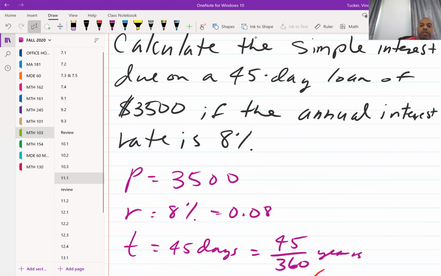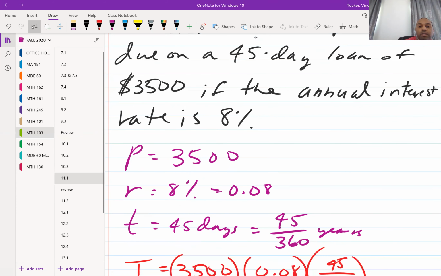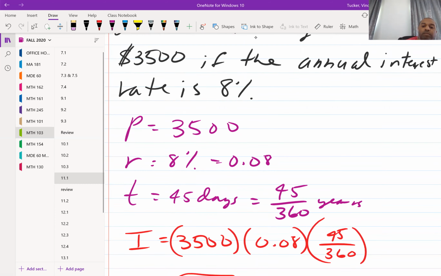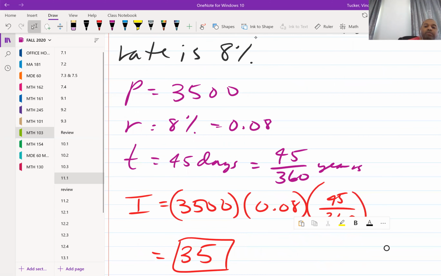All right, so P is 3,500. Our rate is 8%, which is 0.08. 45 days is our time, so we place that over 360. Multiply those three things together and get $35. Not the annual interest rate, the annual interest earned.